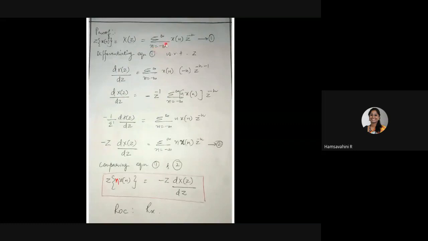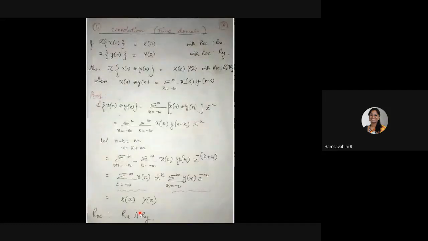This summation of x of n z power minus n is the Z transform of x of n. Now, in place of x of n, what I am having here is n x of n. That means the Z transform of n x of n is given as minus z dx of z by dz. So, in this case, the ROC will remain the same.